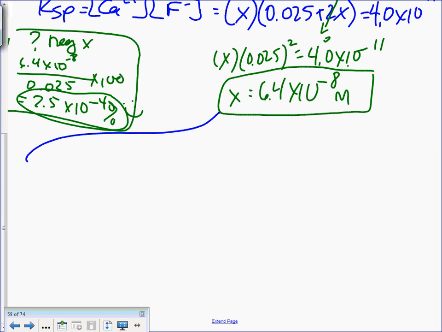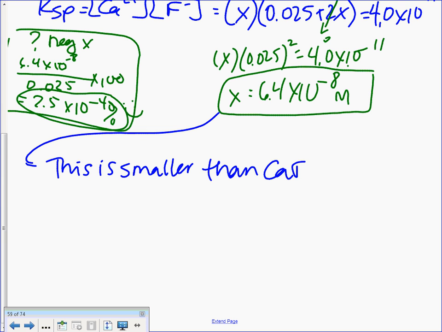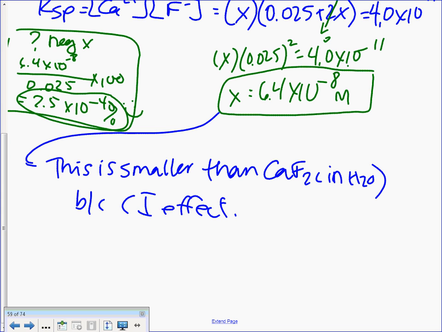Okay, so this is smaller than calcium fluoride in water because of the common ion effect. And the reason that works is because, like you said, there's already products in solution. So you're not going to shift as far to the right because there's already product as a barrier.